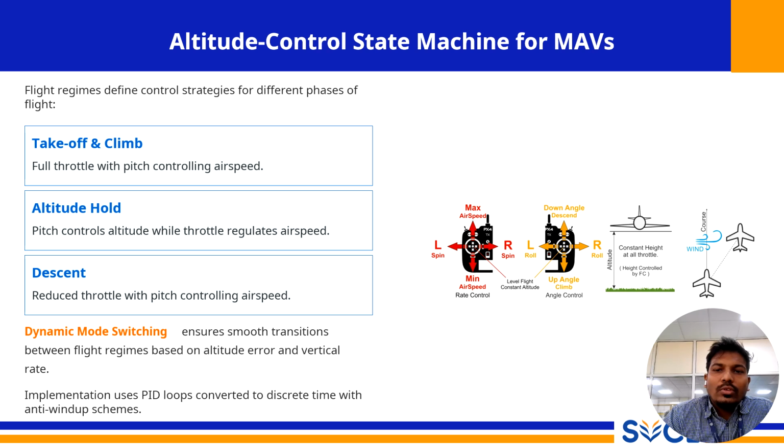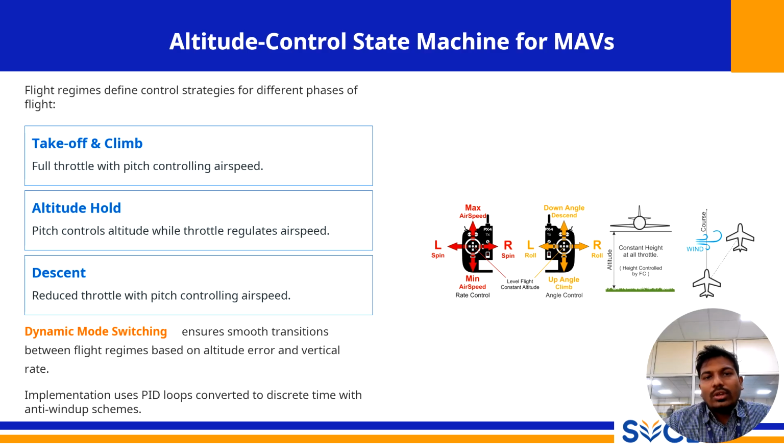As we saw in the previous slide, the best way to control the aircraft's altitude and airspeed can change depending on what it is trying to do. To manage the complexity, the autopilot uses a logical structure called the state machine. This slide provides an overview of typical altitude control states for MAVs.